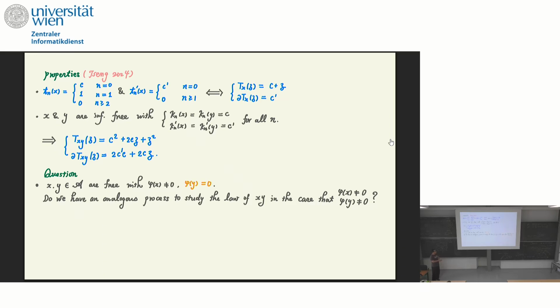But how about the case where the mean vanishes? This was considered by Lauren and Law in 2007. Based on this, you will get not only one S transform, you will get a pair of S transforms instead. And then you can also get some results.